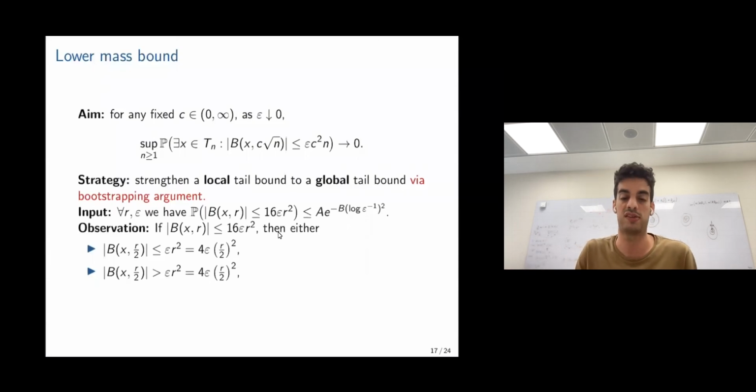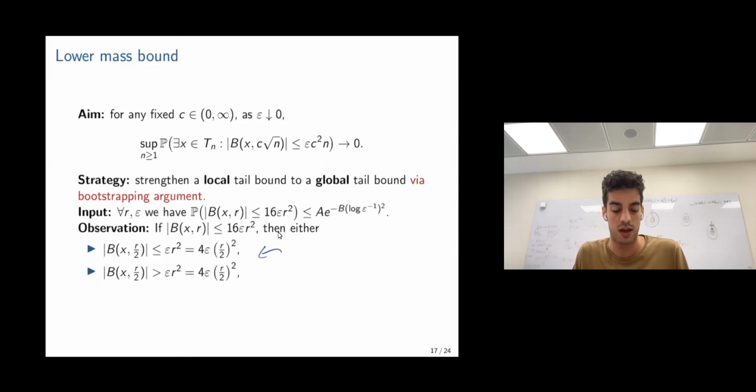We look at the smaller radius, r/2, and we ask whether the ball of the same vertex of radius r/2 is small or large. If it's smaller than epsilon r squared, then the number of vertices it sees deviates from what we expect to see. It's smaller than 4 epsilon times the radius squared. So here we get a better bound.